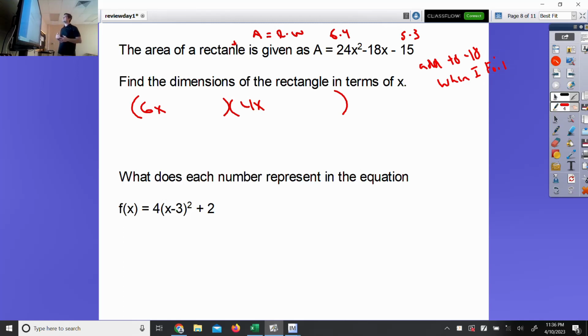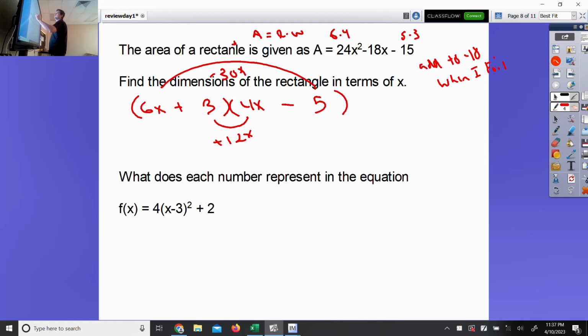And again, for 15, I'm thinking 5 and 3. And I feel pretty good about that. The outside would make 30x, and the inside would make 12x. And if I do a positive 12 minus 30, I'm in business, because that'll work.